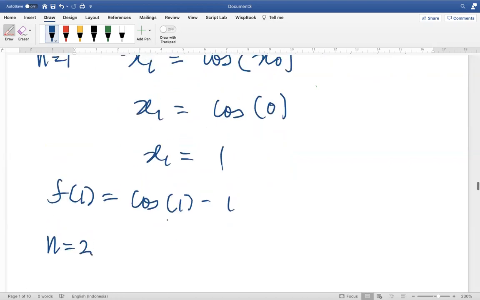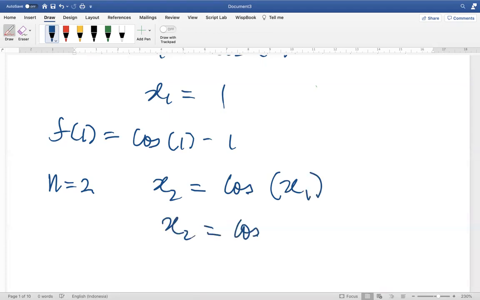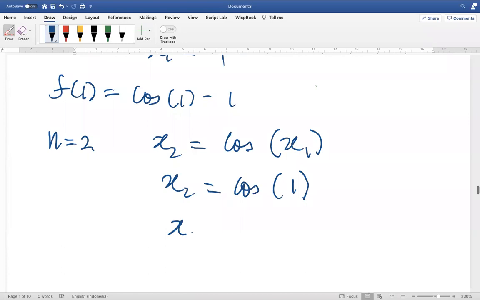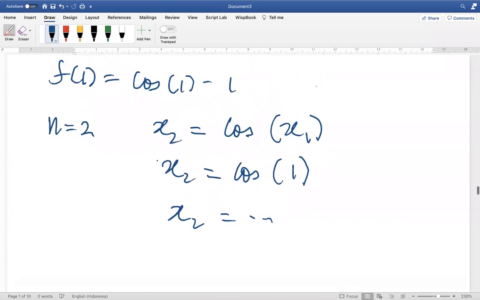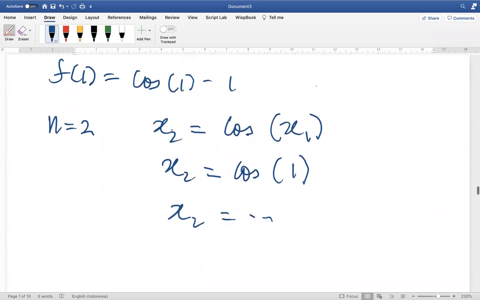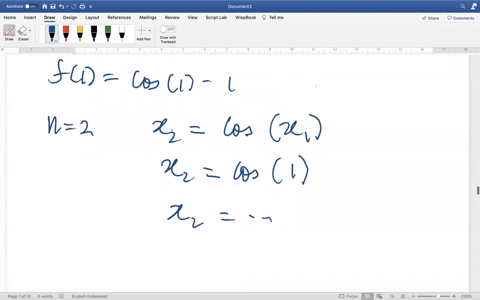If n equal 2, you will have x_2 equal cos x_1, and x_1 is 1. Then you have the x_2, and so on and on until it satisfies the desired accuracy.